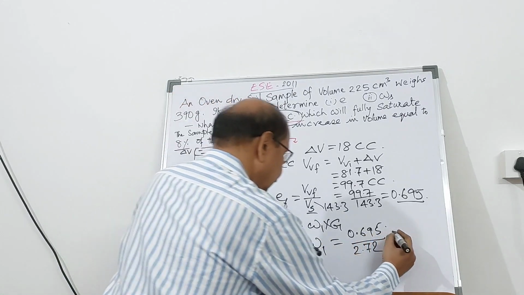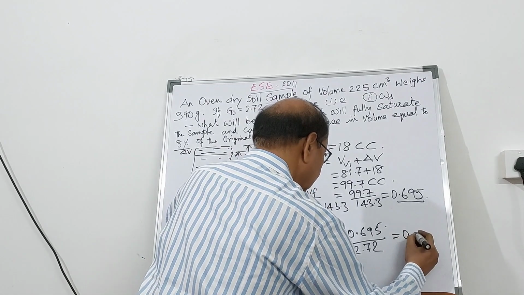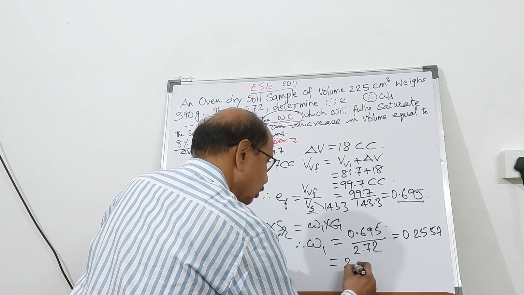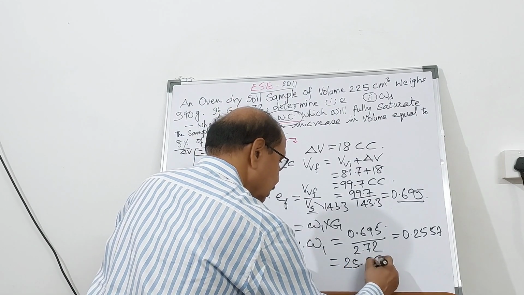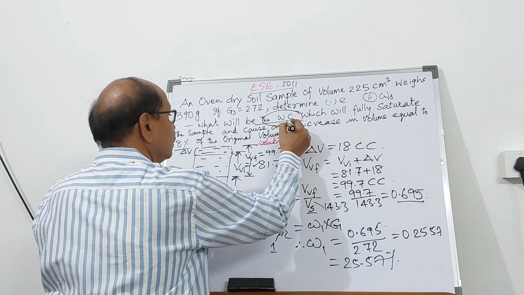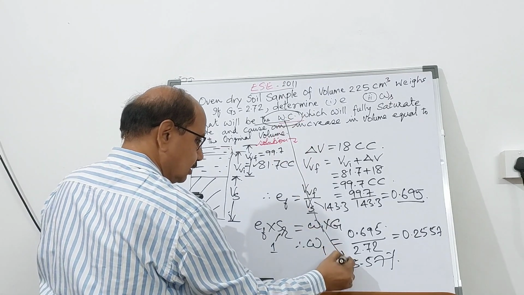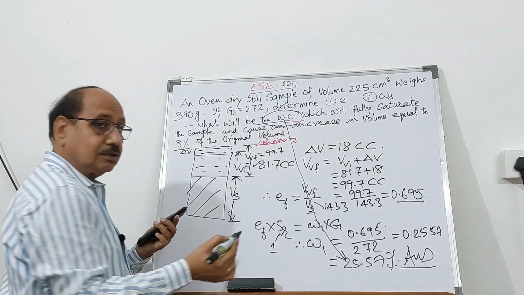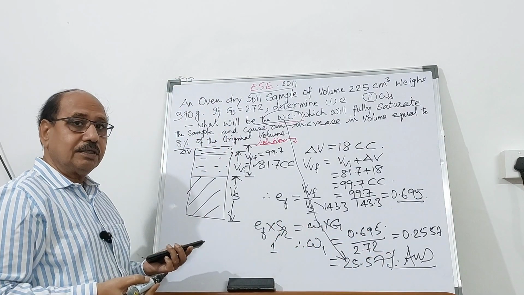This is going to be 0.2557, that is, it is 25.57%. So the moisture content is going to be this one. This is the answer. So with this, the problem is over. Thank you.